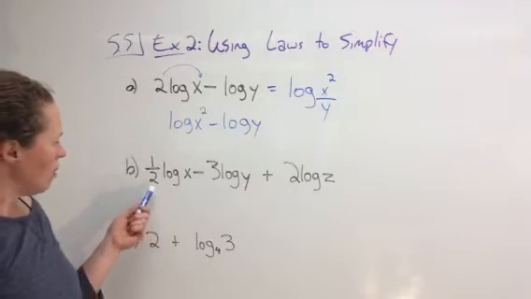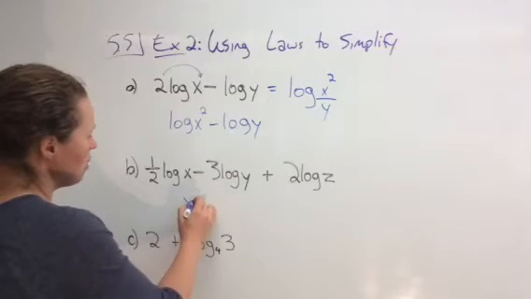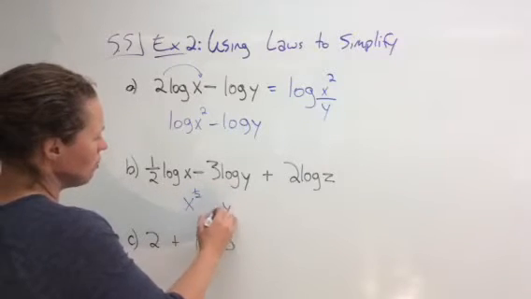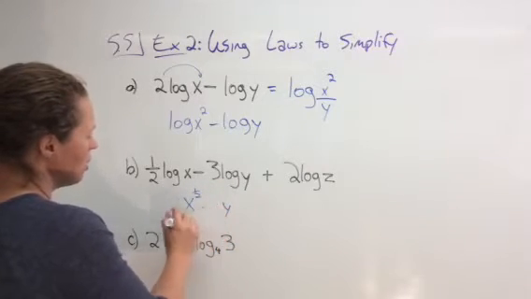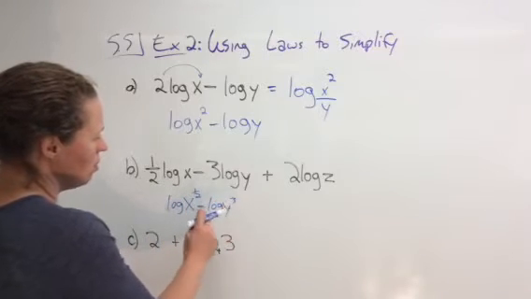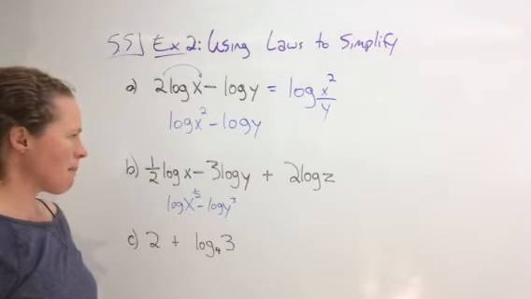Next, we have a number in front, which means we're going to have an exponent, so x to the power of a half. And same thing here, we have y, I guess I should write the logs in, minus log y cubed. So whenever we have a number in front, we just make it an exponent.